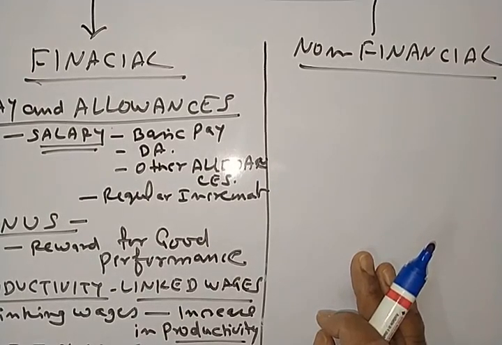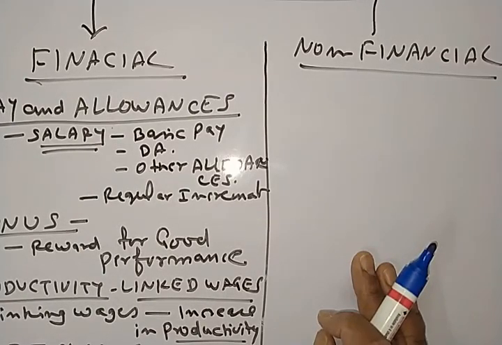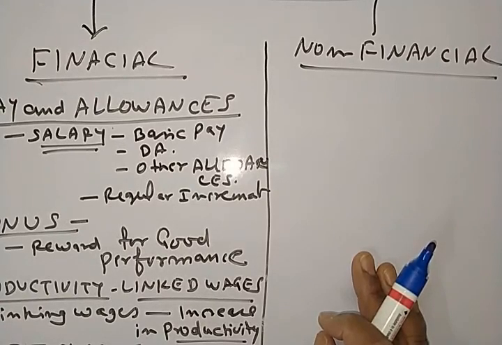Non-financial incentives mainly focus on these needs. Sometimes monetary aspects may be involved in non-financial incentives as well. However, the emphasis is to provide psychological and emotional satisfaction rather than money.